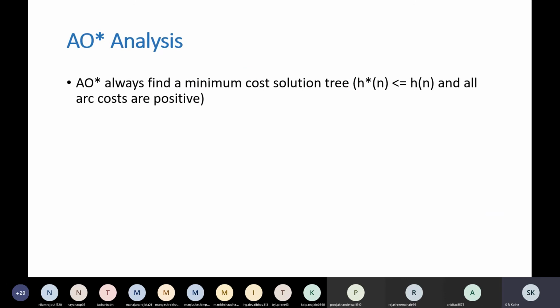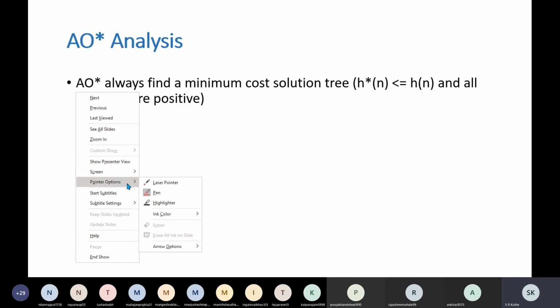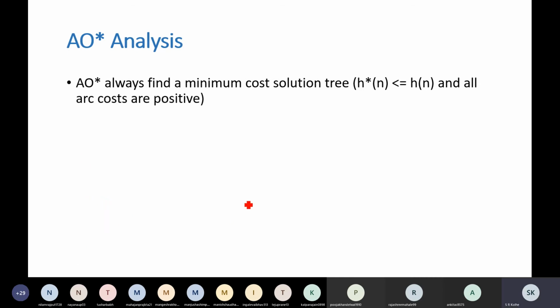Let us analyze this cost of calculating the solution tree. You will find that AO star will always find a minimum cost solution tree, of course, provided that your h*(n) is always less than or equal to h(n).